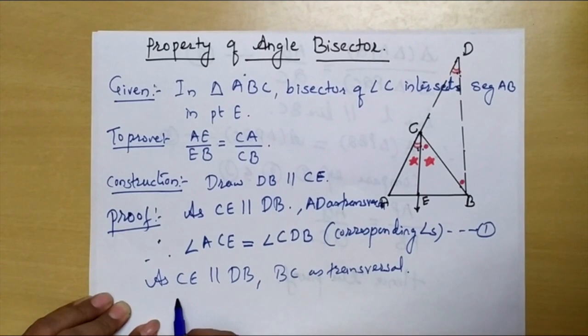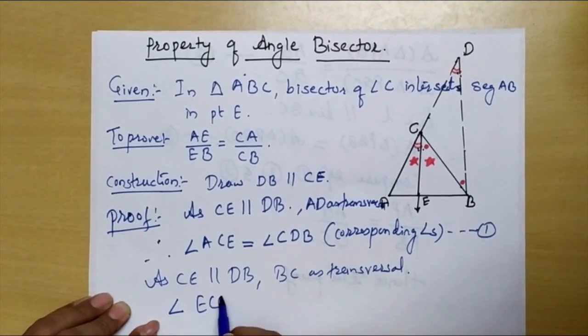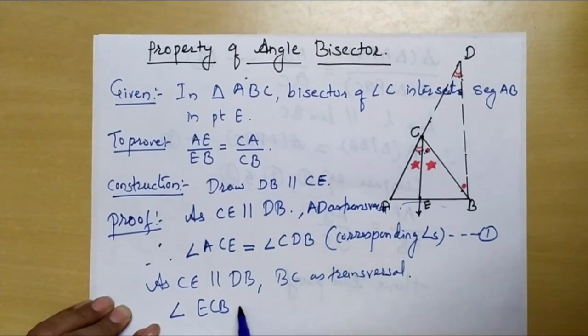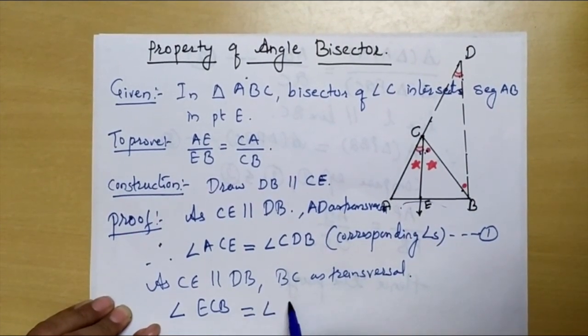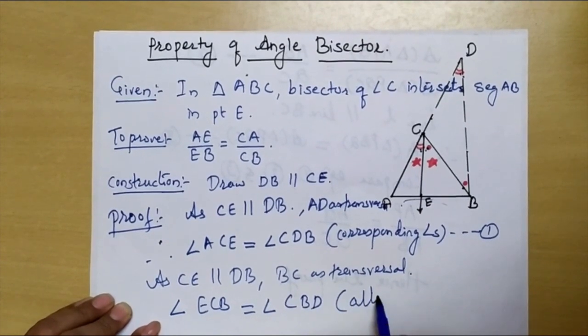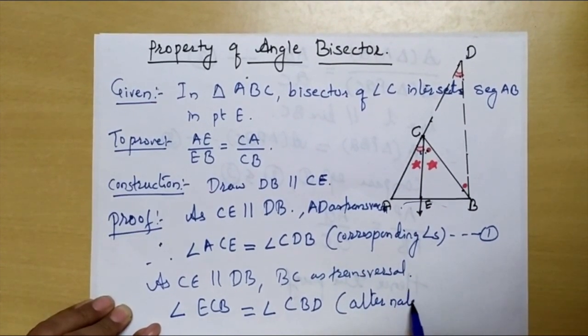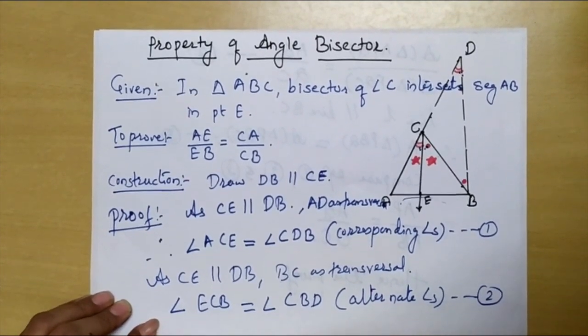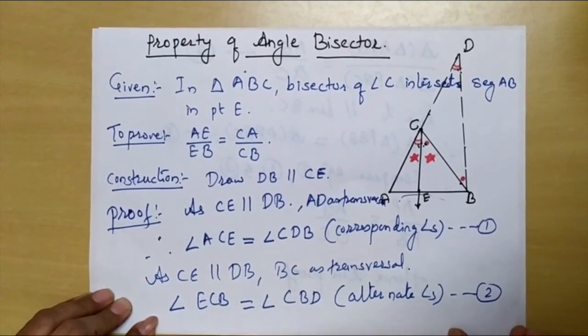So we'll get angle ECB equal to angle CBD. These are pairs of alternate angles. Equation second.